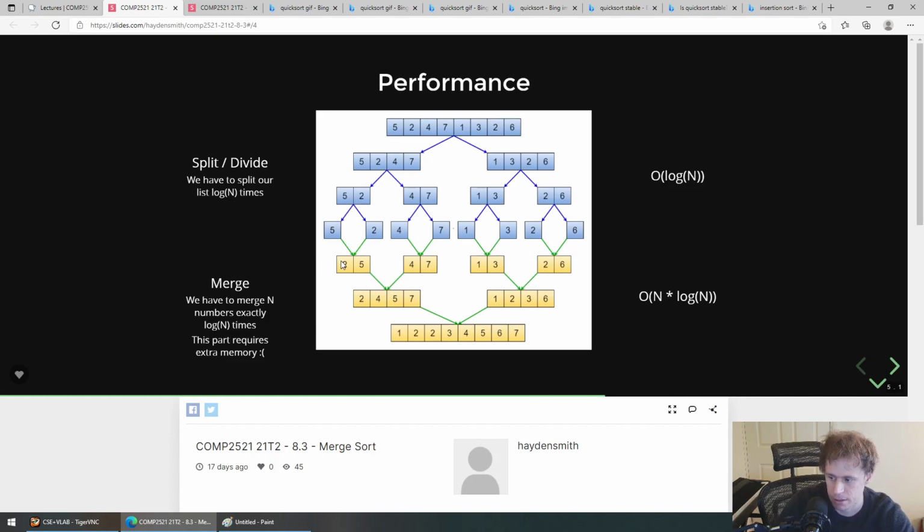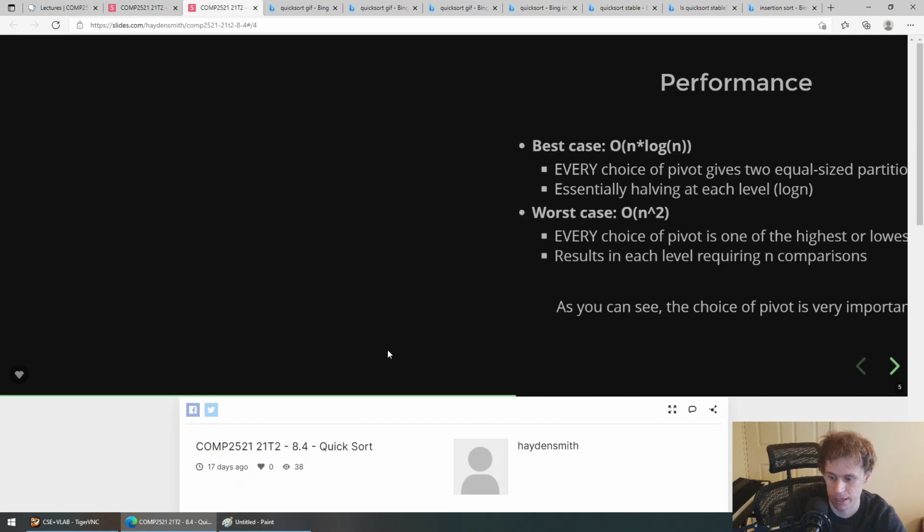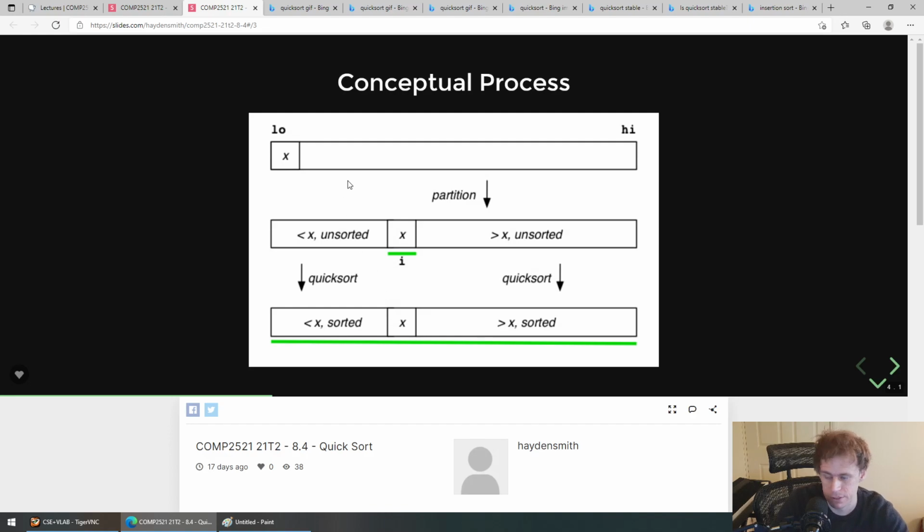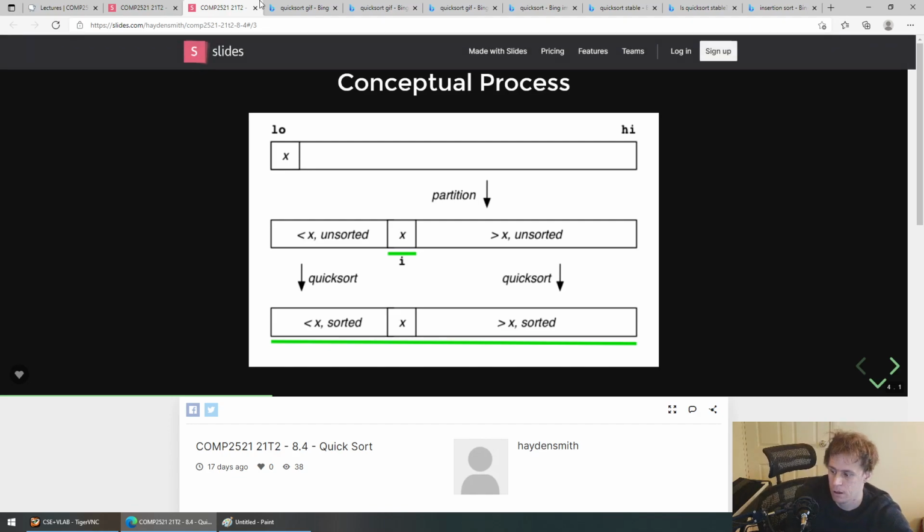Remember how I said the cost of merging is O n, and this is one whole merge because there's 8 merges to happen there, 8 merges here, and 8 merges there. So we're doing the O n 3 times, and it's 3 because it's log 8, which is log n. It's the exact same thing with Quicksort, where every time we partition, it's O n, but the question is how many times do you partition? And you partition exactly log n times in the best case, because you've perfectly split it in half.